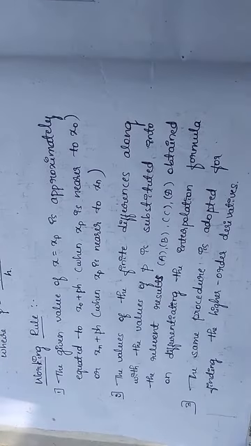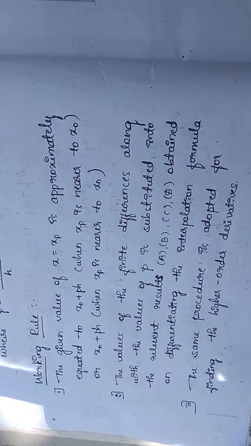Next is the working rule to find the derivative. First, the given value x equals xp is approximately equated to x0 plus ph, where xp is nearer to x0, or xn plus ph, where xp is nearer to xn.